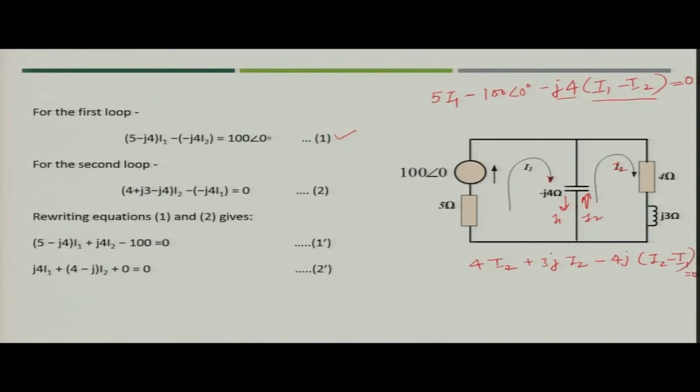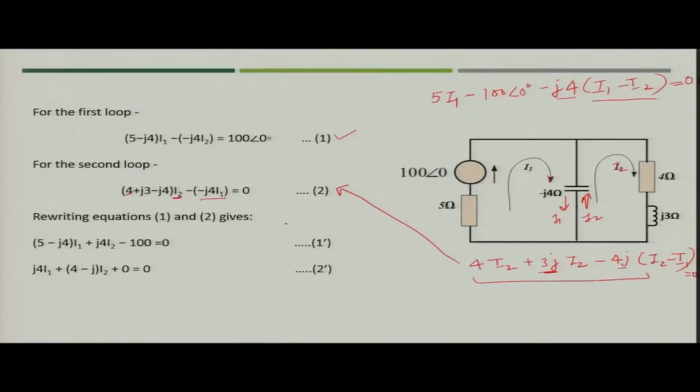If you rearrange, what you will get? You will get (4 plus 3j minus 4j) into I2 minus 4j I1. So, if you rearrange this equation, you will simply get this equation.